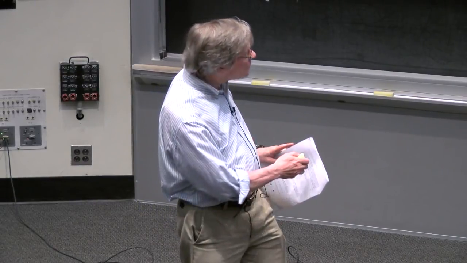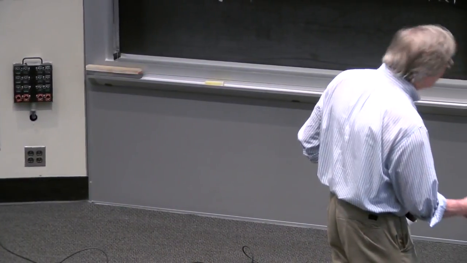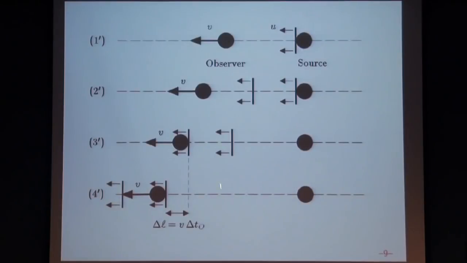And for this case, it is this last frame where all the action is. The point is that between the time when the first crest hits the observer and the time when the second crest hits the observer, that is the time between the third and the fourth frame, the observer has moved. And it's moved by a distance which is v times the time between those images.